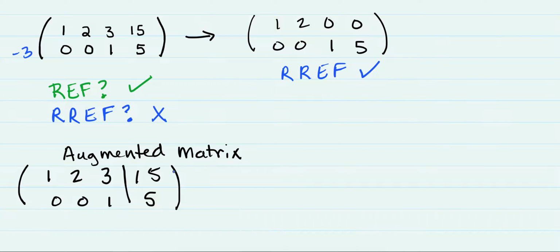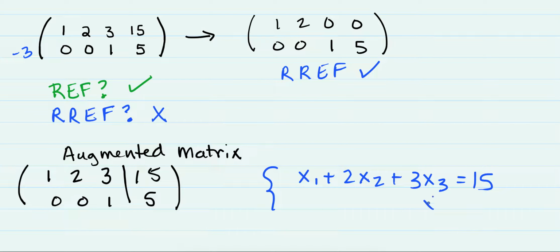The linear system for this particular matrix would be x1 plus 2x2 plus 3x3 is 15, and then x3 is 5. Each one of these entries in the row corresponds to an unknown, which we label as x1, x2, x3. And then what's on the right of this line is the solution. So this is like saying it's equals, and then we put the solution here.